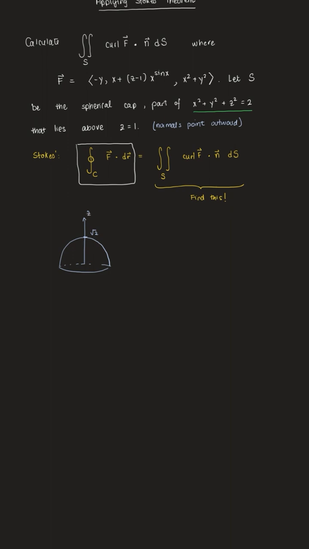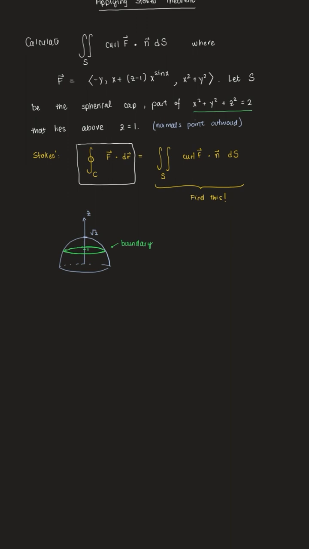And we just want the surface that's the cap above z equal 1. So we just want the top of that little hemisphere. And so the boundary of our surface is, in fact, the circle that I drew in green. That's going to be what we use for the left side of Stokes' theorem.